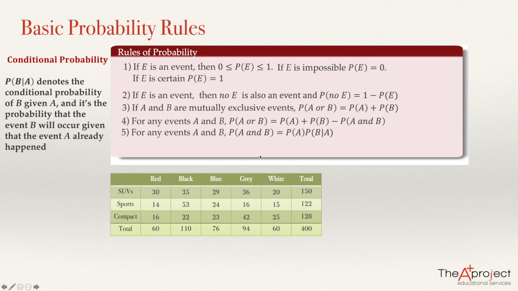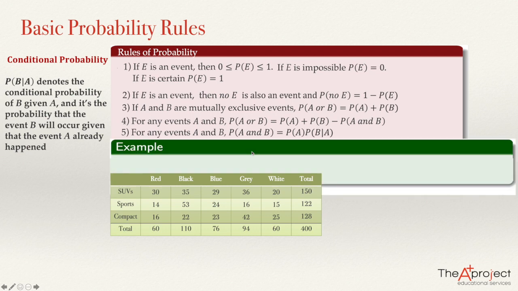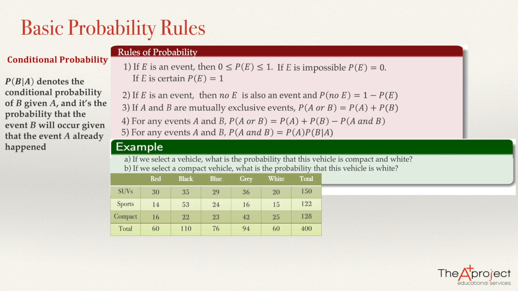Let's see an example to see it better. If we select a vehicle, what is the probability that this vehicle is compact and wide, for example? This is one thing that we can answer already. But this one, if we select a compact vehicle, what is the probability that this vehicle is wide? So now we are selecting a compact vehicle.